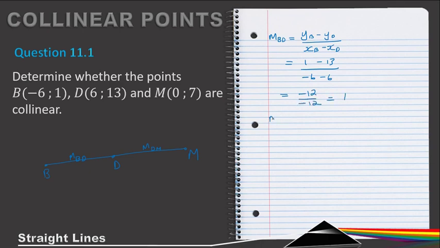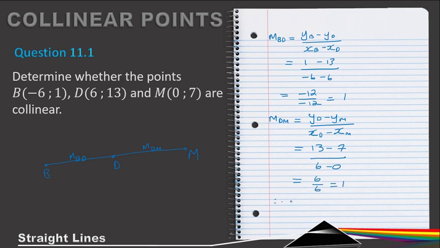Alright, so now for the gradient of DM, we have the change of y, y of D minus y of M, over x of D minus x of M. So let's substitute in those values. So y of D, that's 13 minus 7 over 6 minus 0, and this then is equal to 6 over 6, which is equal to 1.